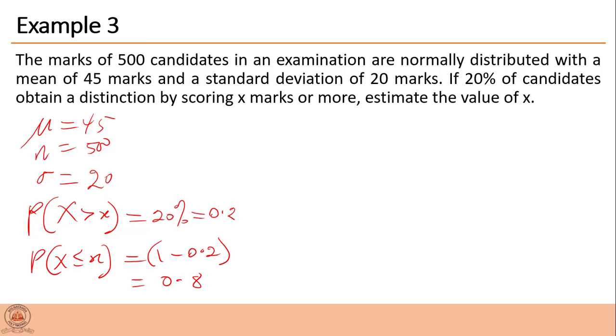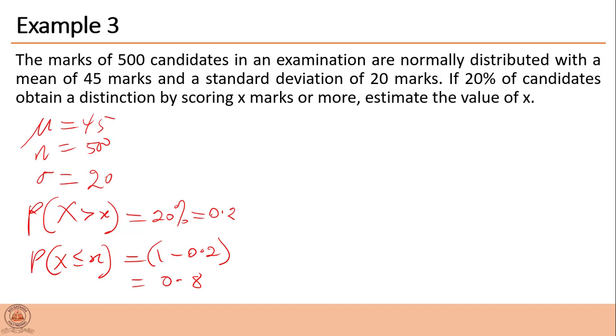So all we want to do now is to read a value, that is the Z value in the normal distribution table, that will give us a probability of 0.8.